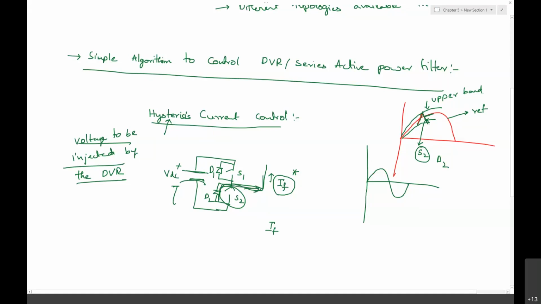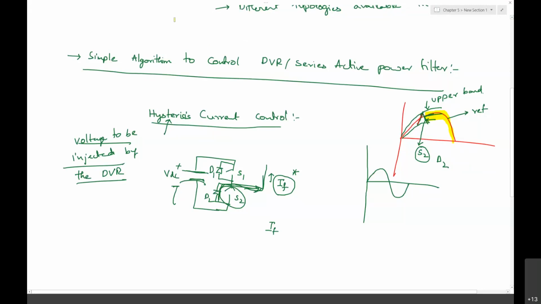Now what happened was, once it is below this red line, it is not tracking the red line of the reference current. The reference current is the red line over here. Once it is below the line, it is not tracking the reference, the red line.